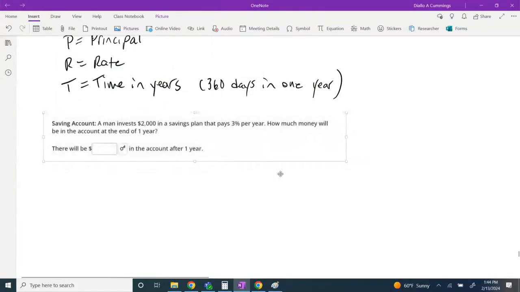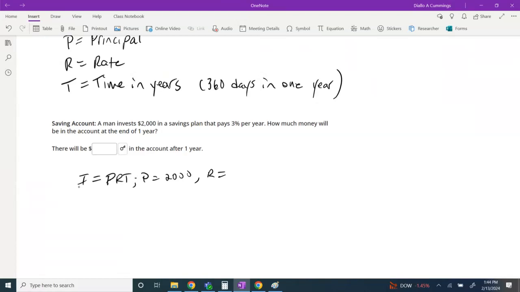All right, so we're going to use this simple interest formula. So we have I is equal to P times R times T. So our principal is the $2,000 invested. The rate is 3%, but I'm going to change that 3% to a decimal.